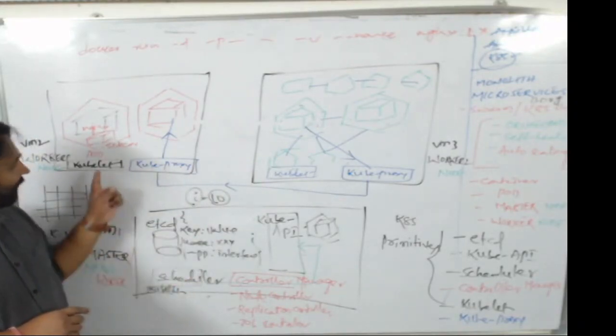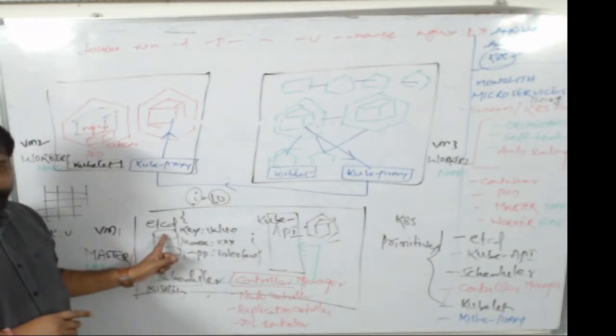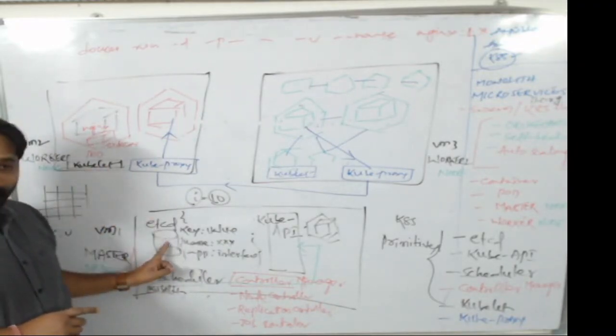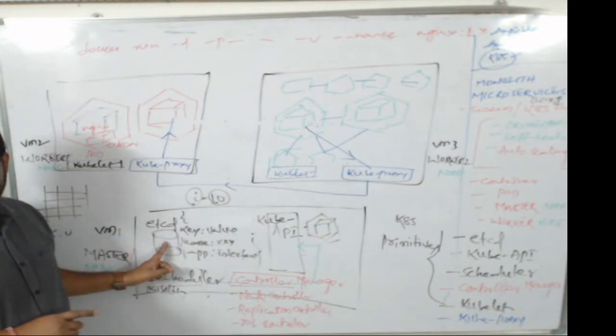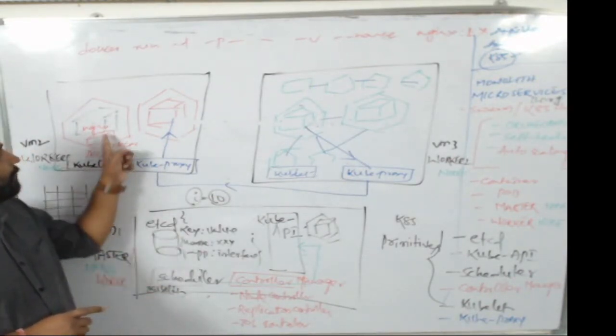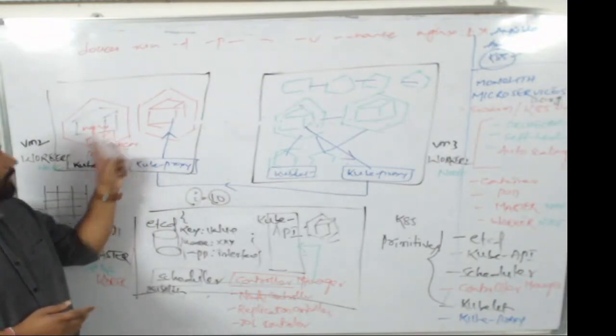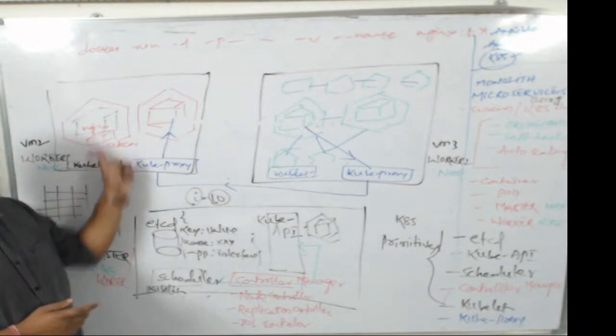The scheduler itself will not contact kubelet. It updates the etcd with the nodes. Kubelet is also monitoring the etcd changes. Now the kubelet realizes that the number of pods of Nginx have changed and it needs to update it.